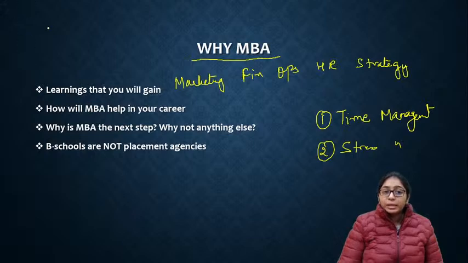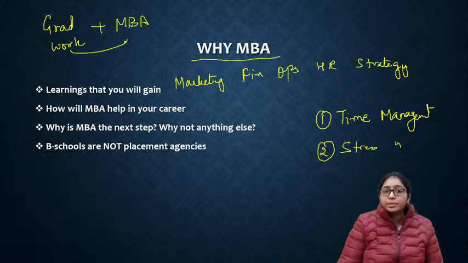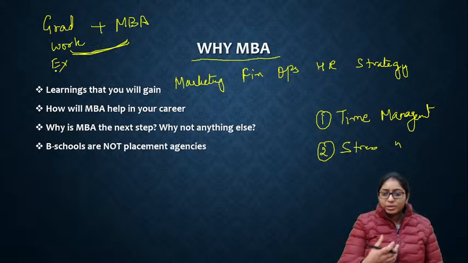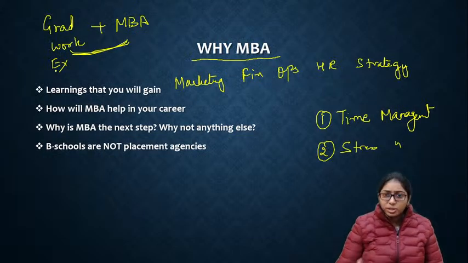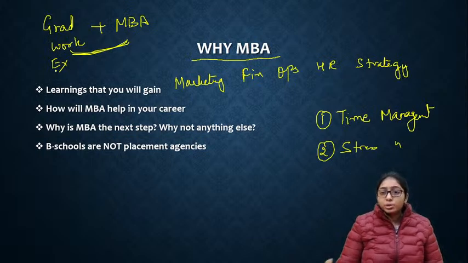So you need to create a link between your graduation, between your work ex with why you want to do MBA. There should be a good linkage between the two. Okay, if there is a good linkage, then it will show a good thought process on your end. Yes, you have thought in a well manner, in a very structured manner. That is what it will show over there.